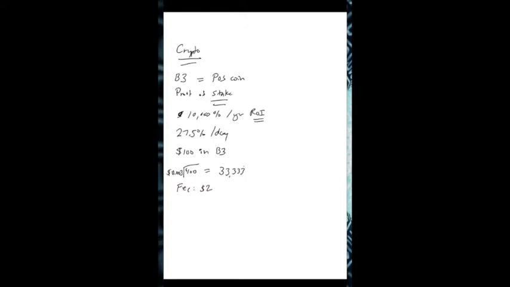I may be estimating a little high here, but just for the purposes of the example, because you can do the math in various ways based on your situation. So let me just adjust this here. $102 at 3,000 of a penny, you get roughly 33,333 coins.